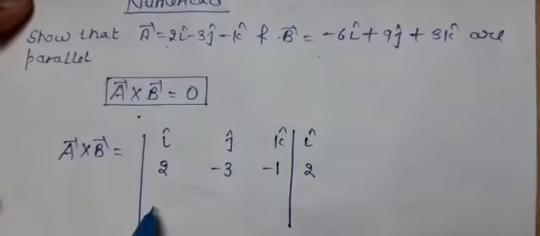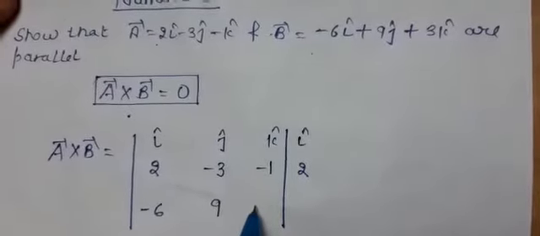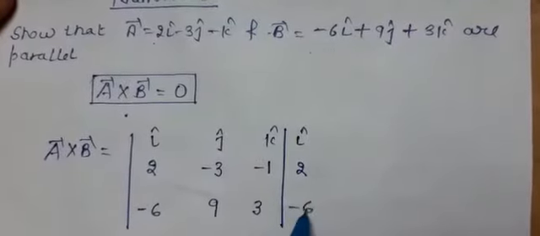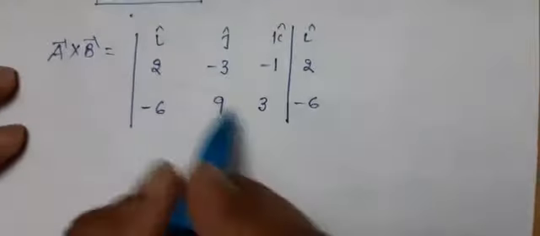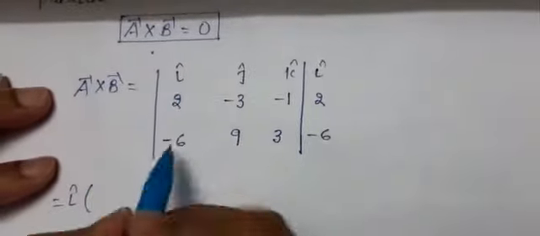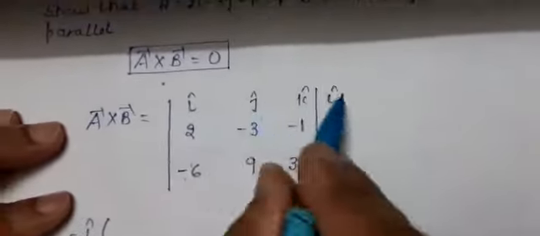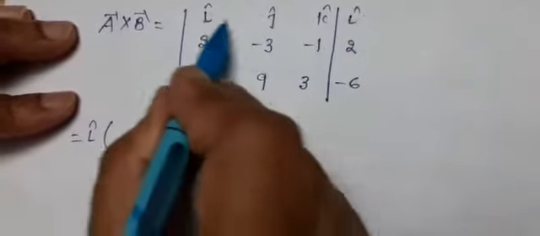For vector B, the i coefficient is -6, j coefficient is 9, k coefficient is 3, and again repeating the i coefficient. I have explained in the previous video how to solve it. So the i coordinate can be obtained by taking this, I am not crossing it directly, I am not including these two lines.